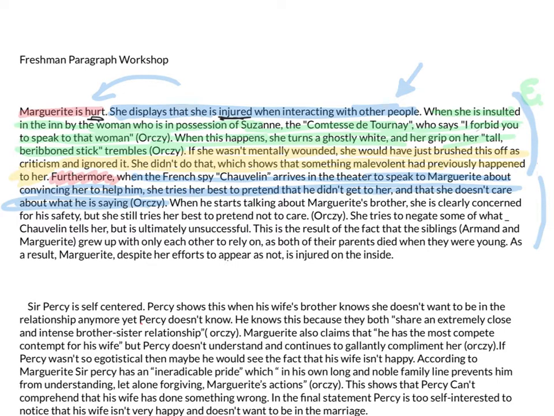Hopefully you identified that you really have here two different things. She is trying to pretend he didn't get to her. That is actually your second claim, and it's a really strong claim, but it's kind of buried under some of these facts, which is why you then have them cited. Now, the problem with doing that, with kind of burying your claim in the middle of evidence, is that if a reader is reading fast, that claim can get lost.